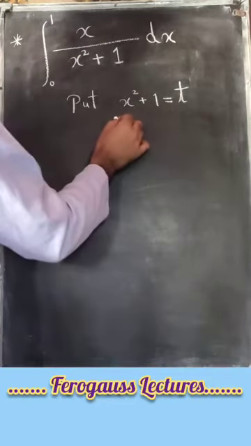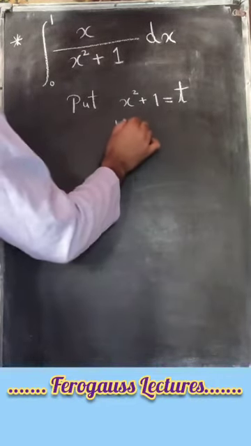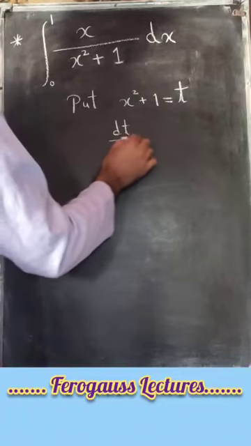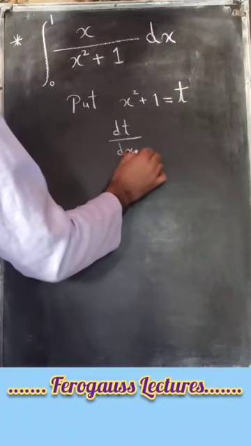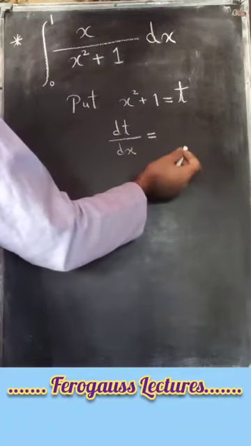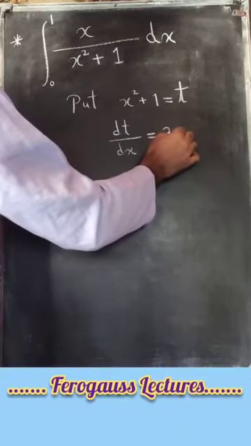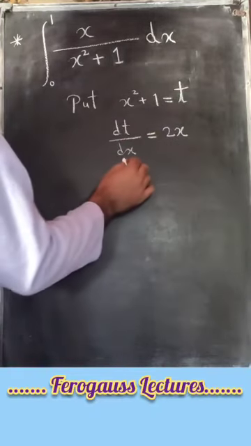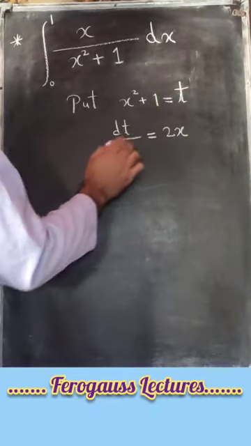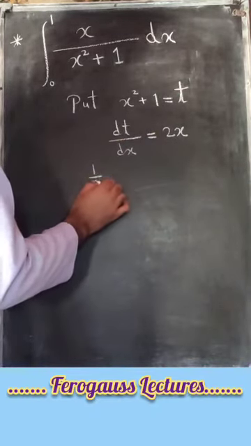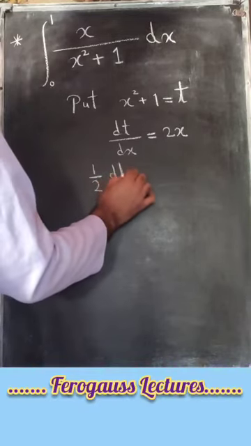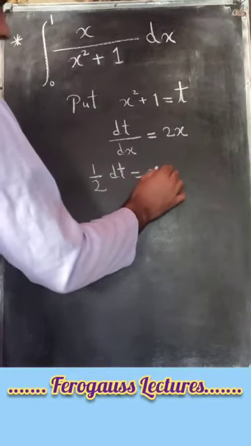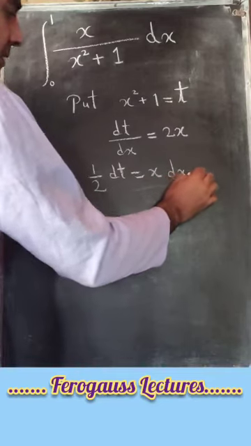Now differentiating t with respect to x, we get dt by dx equal to, differentiation of x square is 2x and differentiation of 1 is 0, so we get 1 by 2 dt equal to x dx.